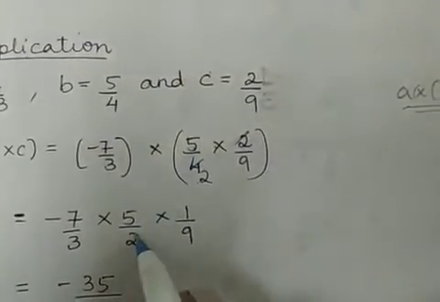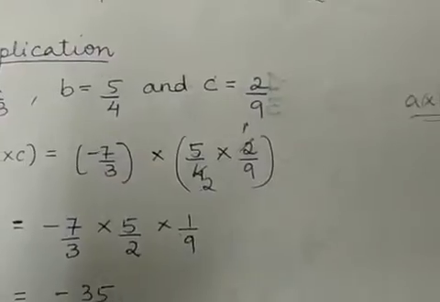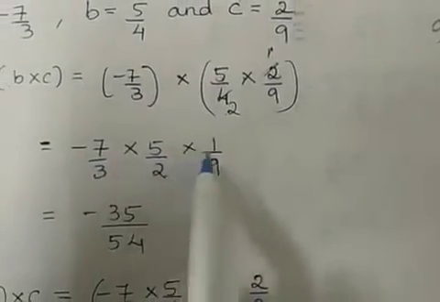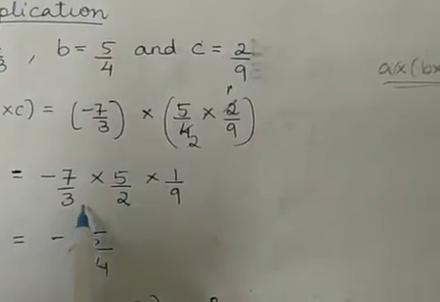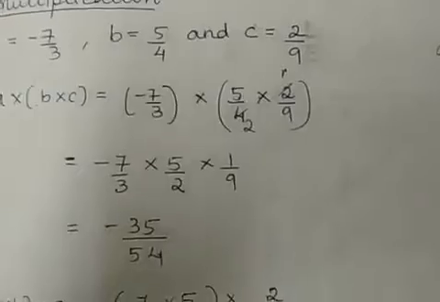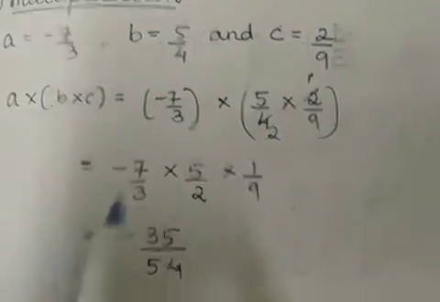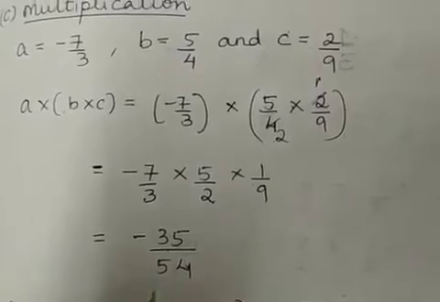So 5 upon 2 into, this is 1 here, so 1 upon 9. When you multiply all this, first you multiply the numerator, you will get 35 upon 54 and the negative sign. So a multiplied by b multiplied by c is minus 35 upon 54.